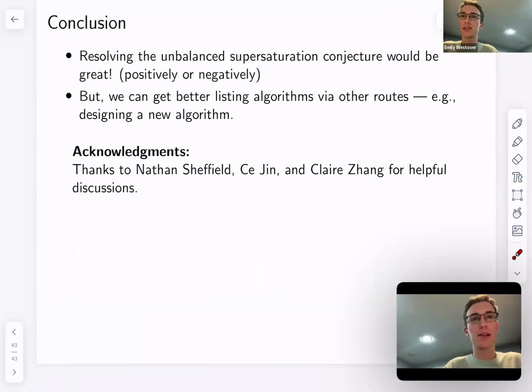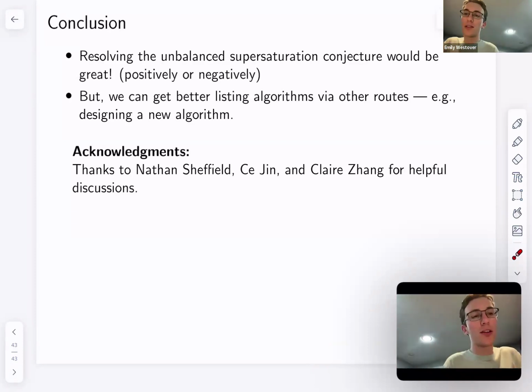I think the summary of this talk is that listing feels like a really fundamental problem, and it feels surprising that we don't know how to do it yet, and there are so many open questions here. It feels like we have some of the ideas, but just maybe don't know how to get them to go through.